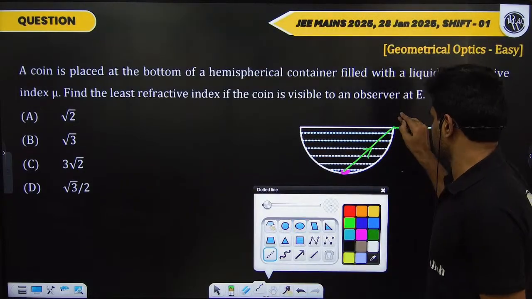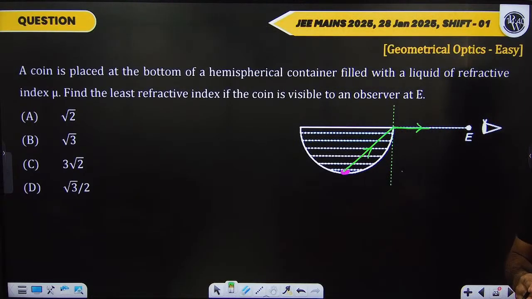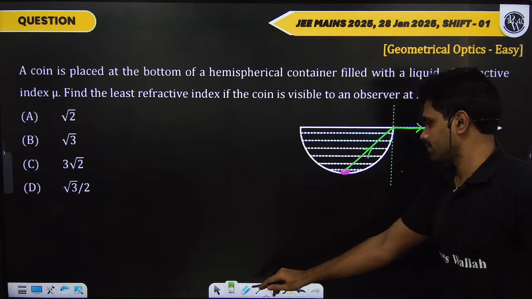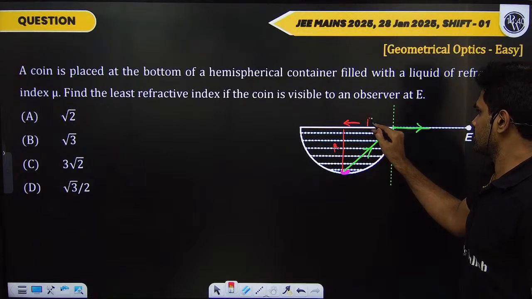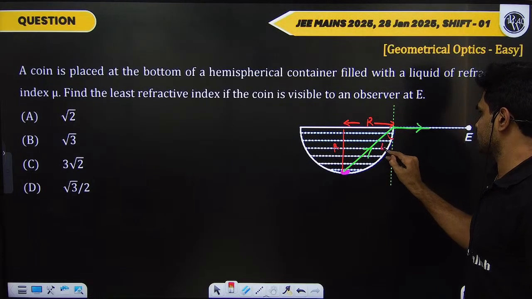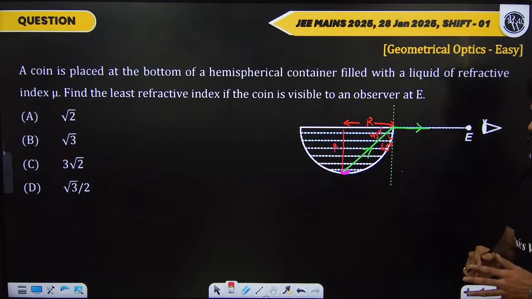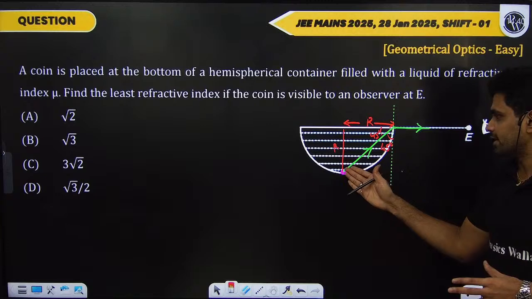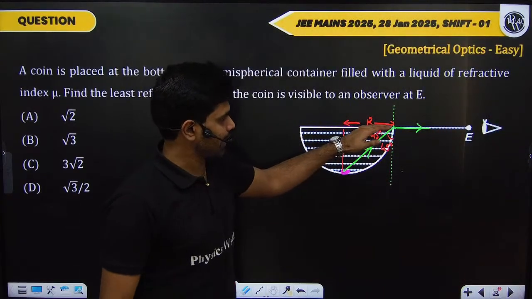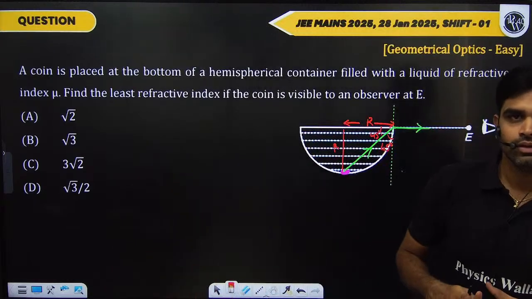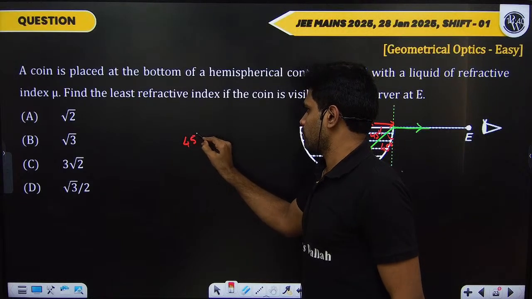Now, as this is R and R, it has to be 45 degrees. And this ray is undergoing critical refraction, going from denser to rarer, parallel to the surface, so this is basically the critical angle, 45 degrees.